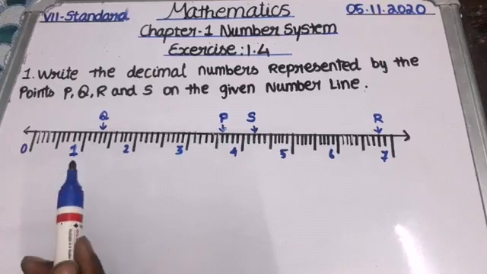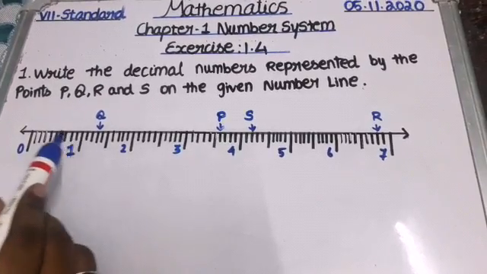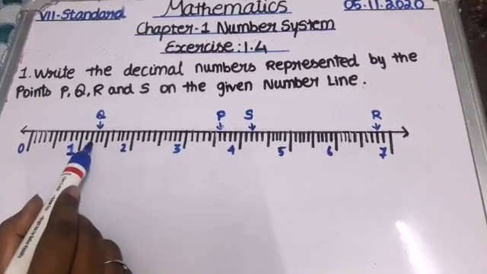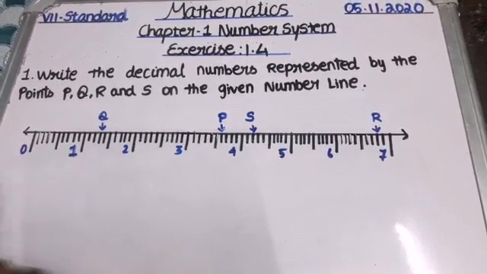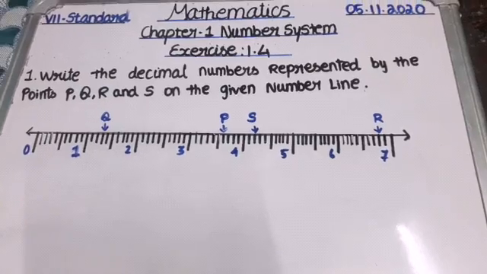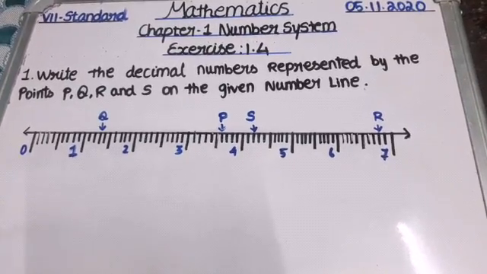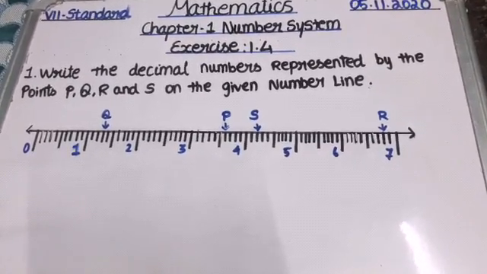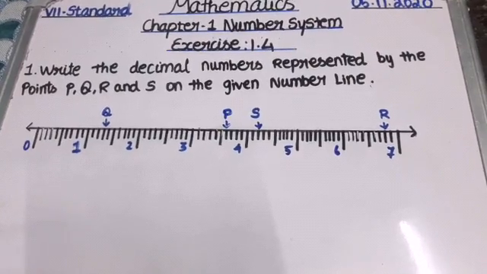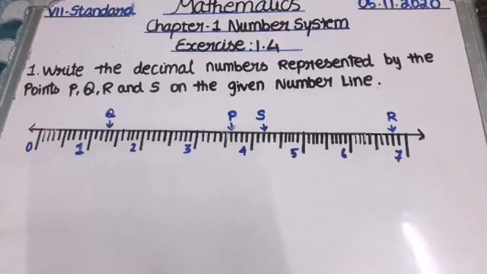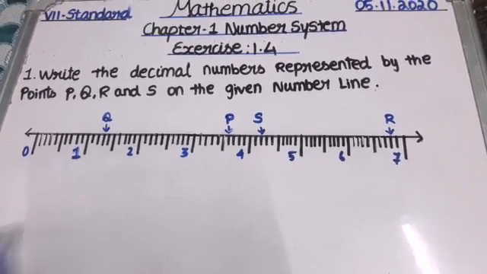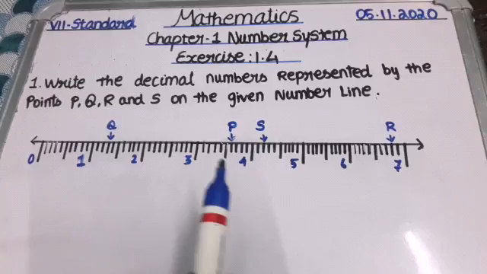After 1 it becomes 1.1, 1.2, 1.3, 1.4, 1.5 and so on. So after every line, the value increases by 0.1. Following this, we need to write decimal numbers for the given points P, Q, R and S.